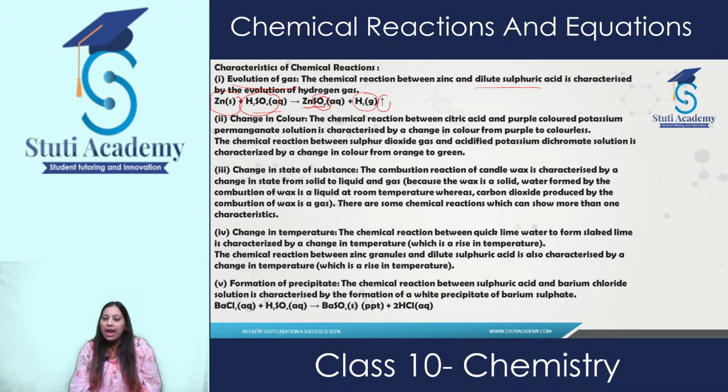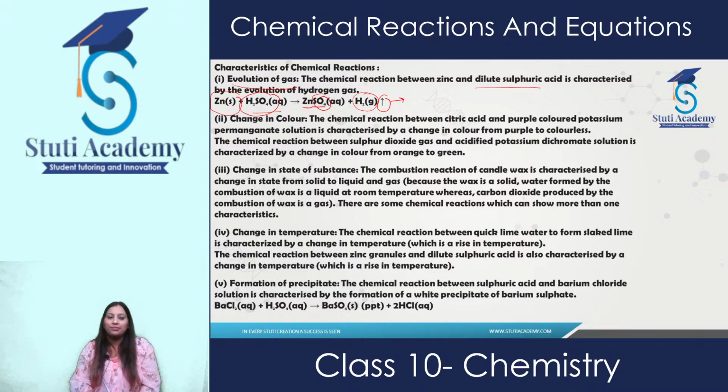This arrow pointing in the upward direction shows the evolution of gas, because when gases are produced, they move in the upward direction. So this indicates the evolution of gas.